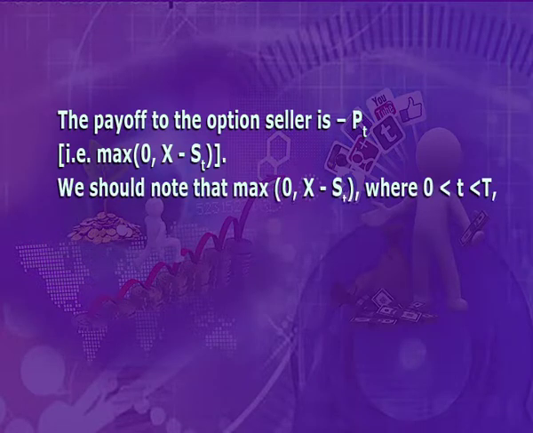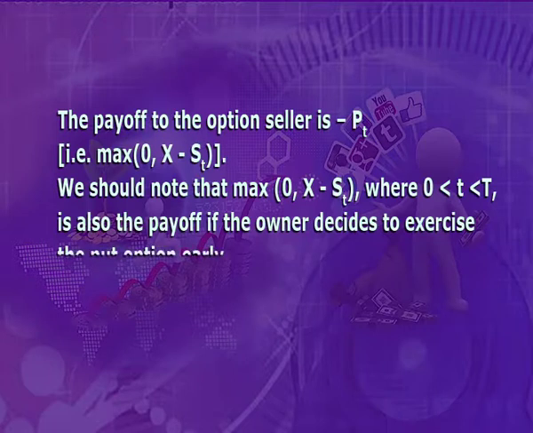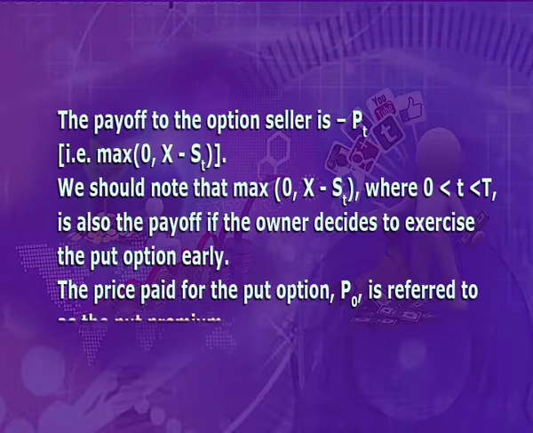We should note that max[0, X minus St], where t is greater than 0 but less than capital T, is also the payoff if the owner decides to exercise the put option early. The price paid for the put option is P0, referred to as the put premium.